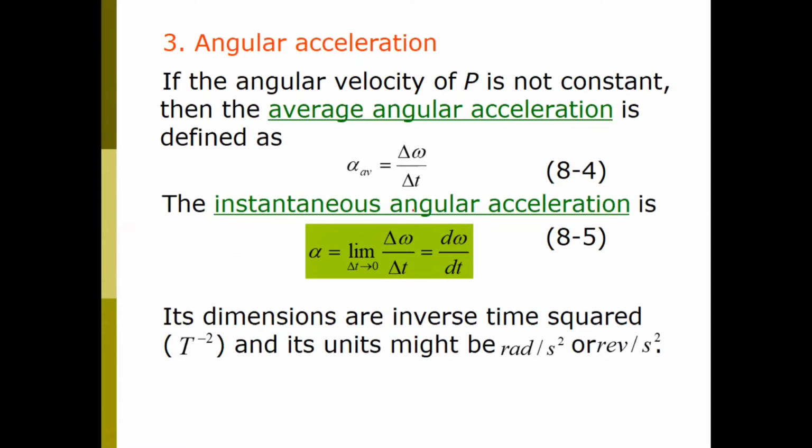Therefore, the instantaneous angular acceleration alpha is equal to the limit of delta t towards 0 of delta omega over delta time, which is equal to the derivative of omega over the derivative of time. Its dimension is inverse time squared, and its units might be radians per second squared or revolutions per second squared.